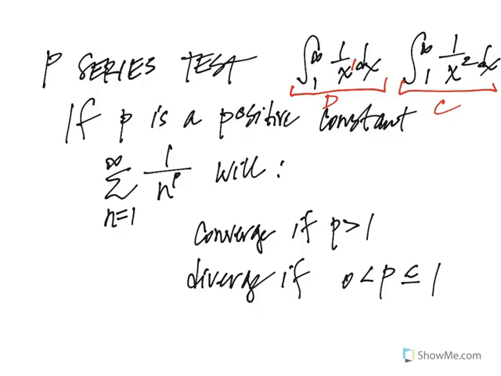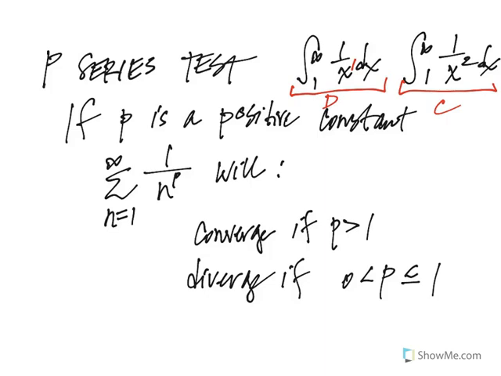It doesn't get small quickly enough for the area to stop growing. Whereas with 1 over x squared, the numbers get small very rapidly, rapidly enough in fact for the area to be finite. So that's what you're seeing here. Your p-value in the second one is greater than 1, which means the area converges. A p-value of 1 in the first one, on the left, will diverge.